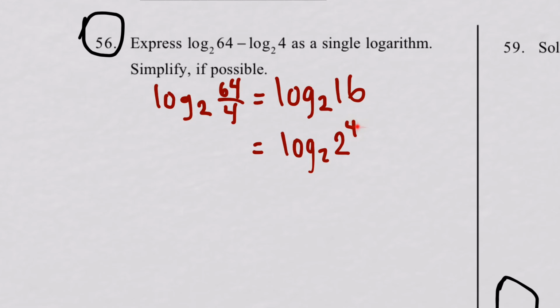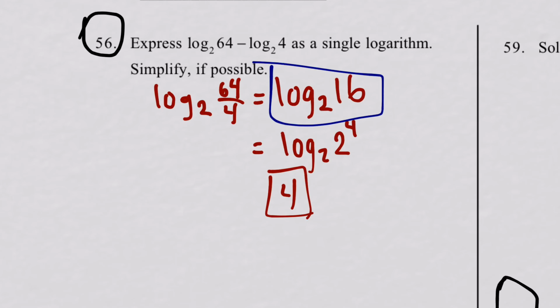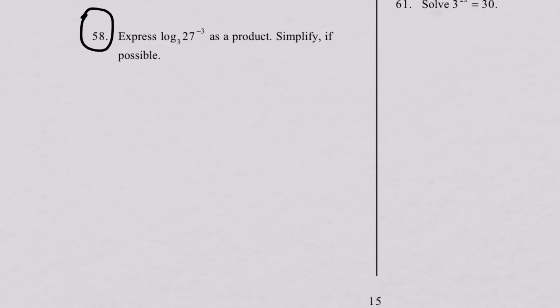I'm going to take that 4, bring it down, and this cancels, right? That's just 1. So it's 4. So we did express it as a single logarithm right here, but then it says to simplify, so it's simplified down to this. That's your final answer.